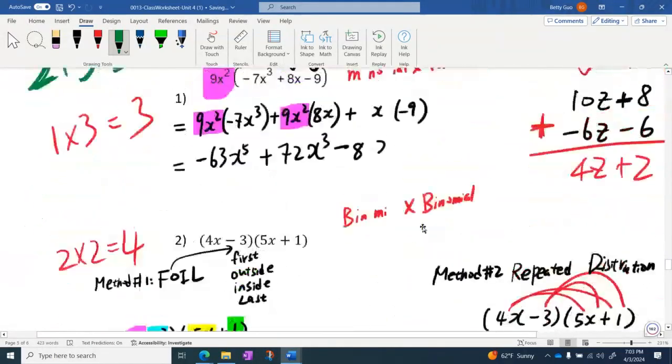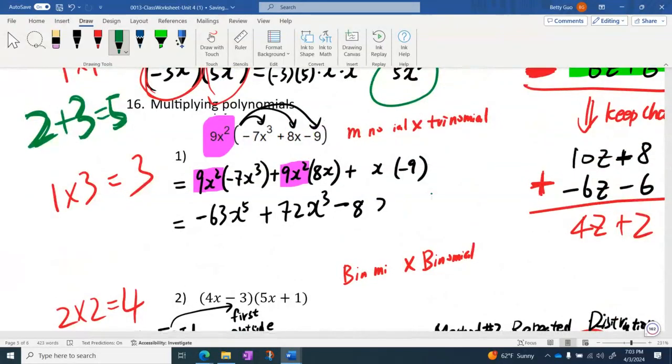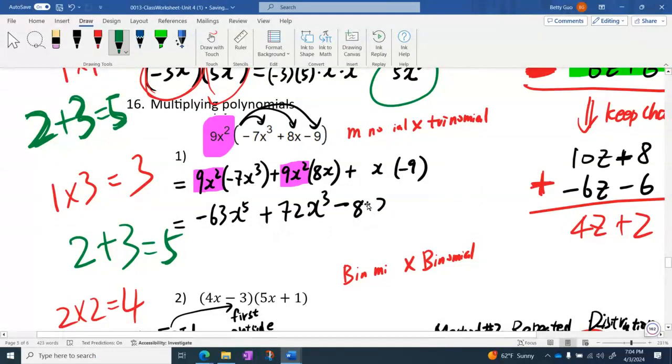Let's see this monomial times trinomial. The monomial degree is 2, right? 9x squared, degree 2. And the trinomial degree 3. 2 plus 3 is 5. So the answer must be a polynomial with degree 5, and it is. Look here, degree 5. If it's not, that means your answer is wrong.